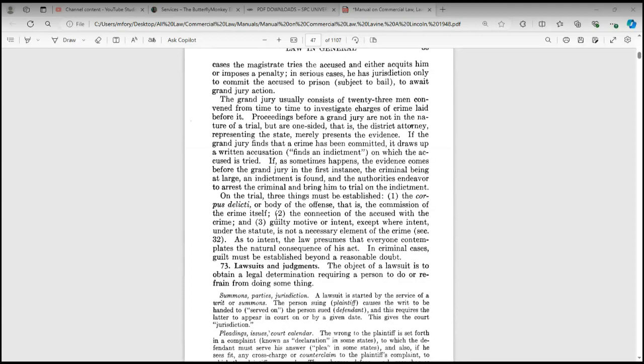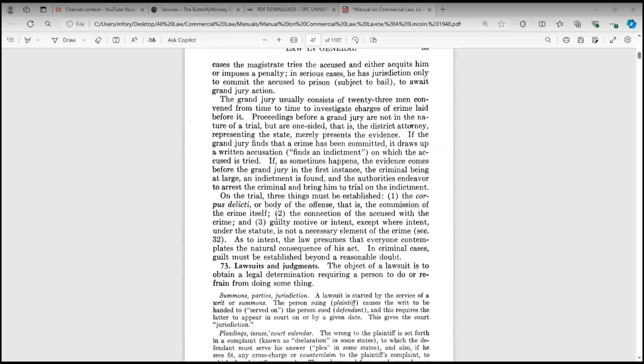The grand jury usually consists of 23 men convened from time to time to investigate charges of crime laid before them. Proceedings before a grand jury are not in the nature of a trial, but are one-sided. That is, the district attorney, representing the state, merely presents the evidence.